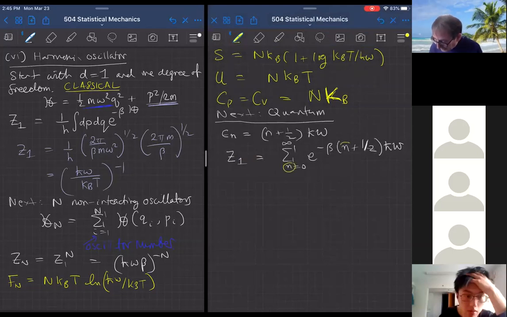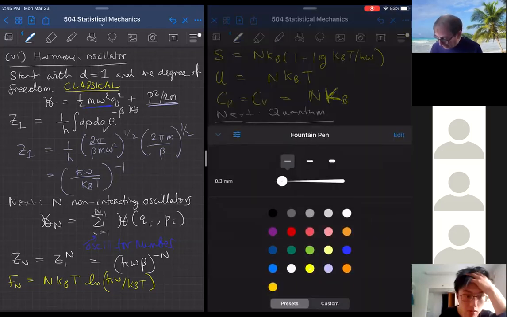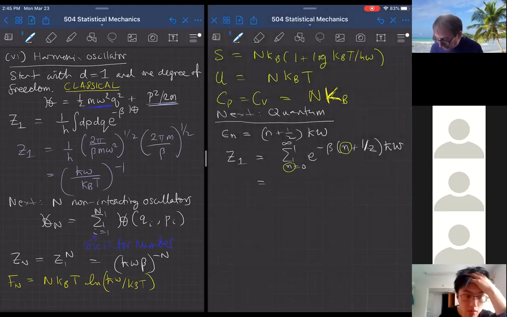And again, this is just a geometric series, so we can simply work out that formula, and what you get is e to the minus beta h bar omega over 2.